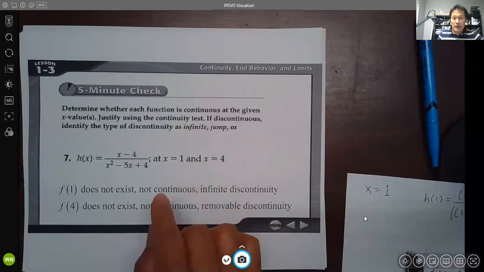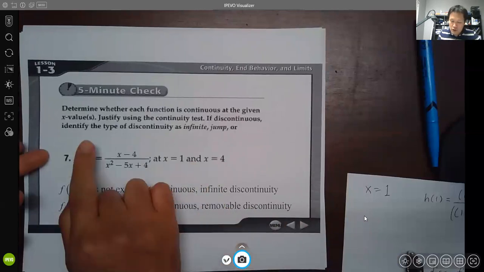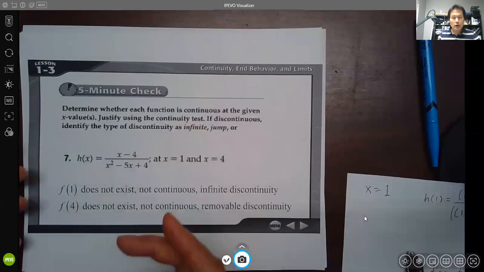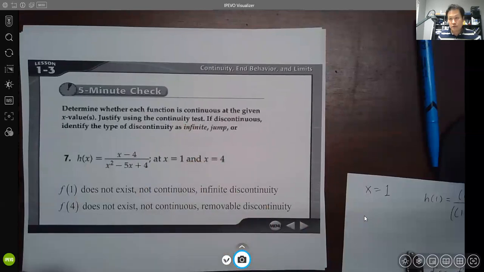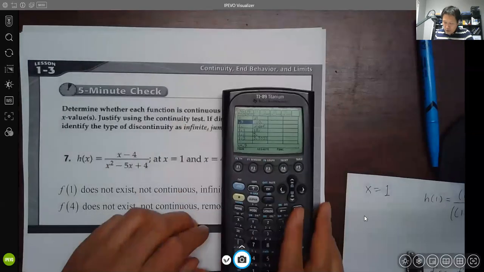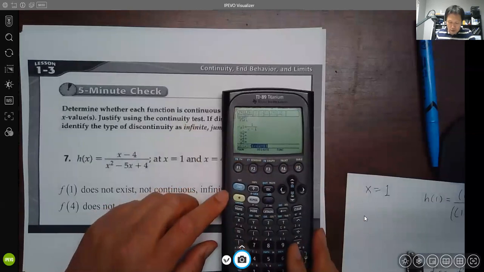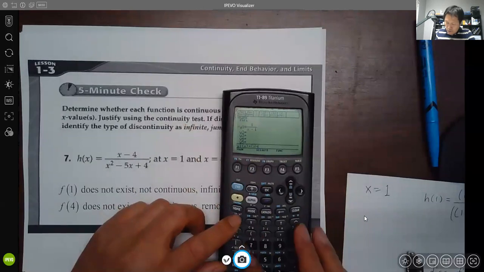Again, for this kind of question, you are not just using the discontinuity test. If you just want to get an answer by looking at the graph, you can graph this equation using a calculator. So let me show it to you with my calculator. So I'm going to type x minus 4.